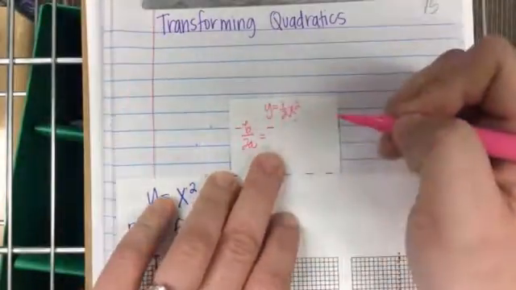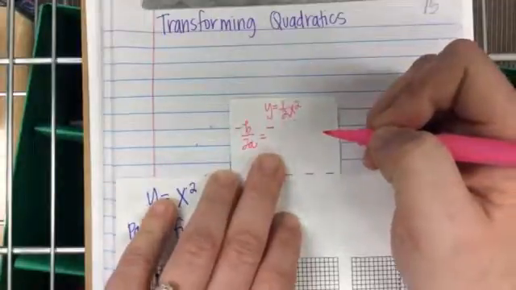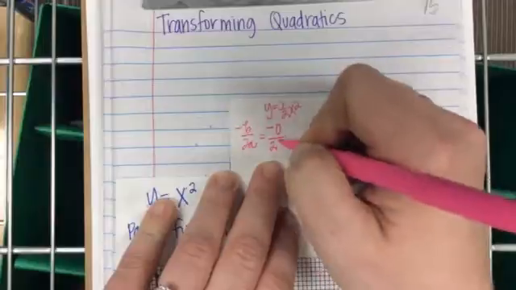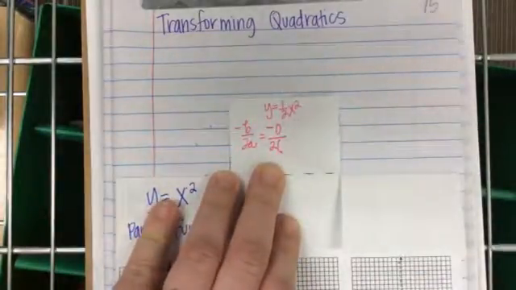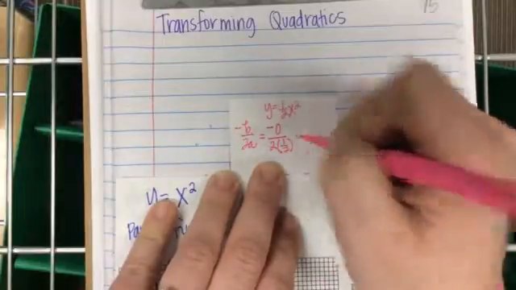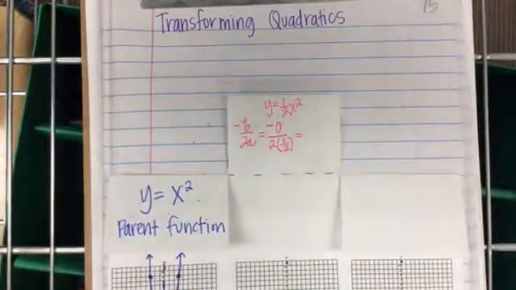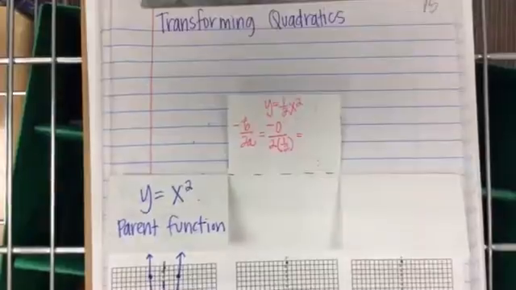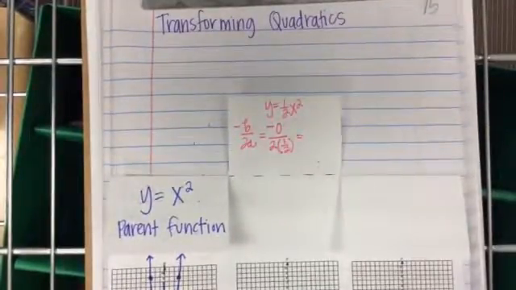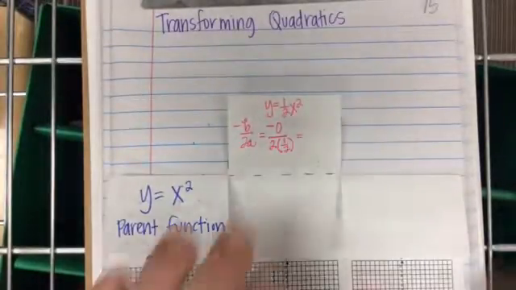So negative, and what's my b value? 0. Over 2 times, what's my a value? 1/2. So negative 0 is 0. 2 times 1/2 is 1. So what's 0 divided by 1? Still 0.